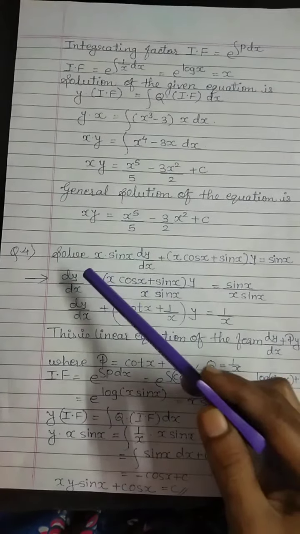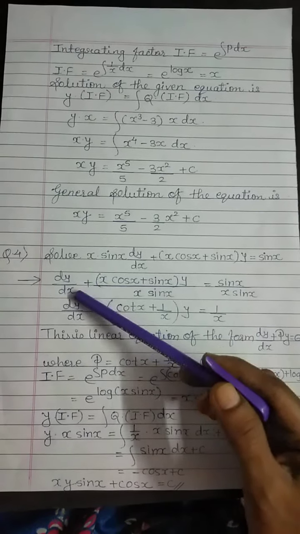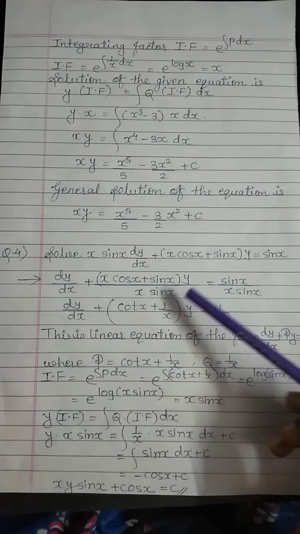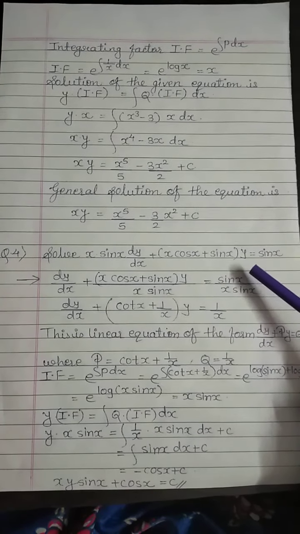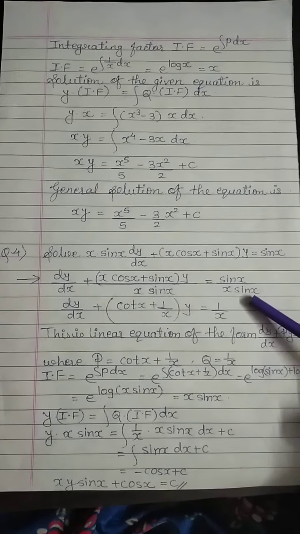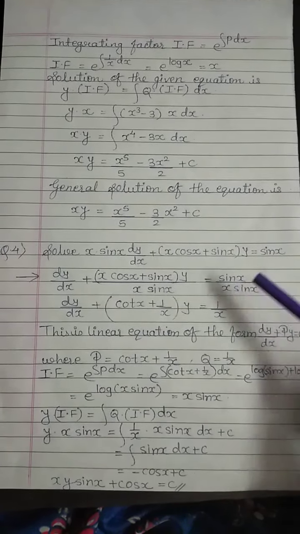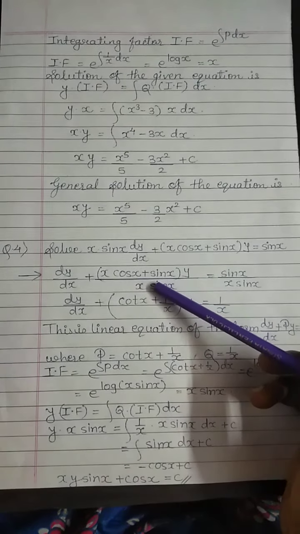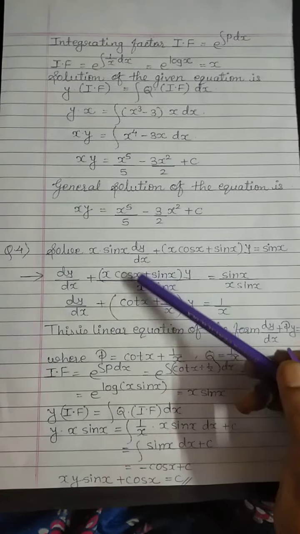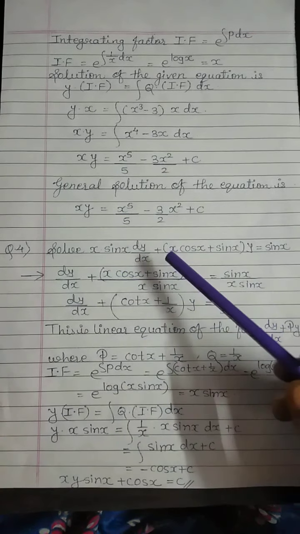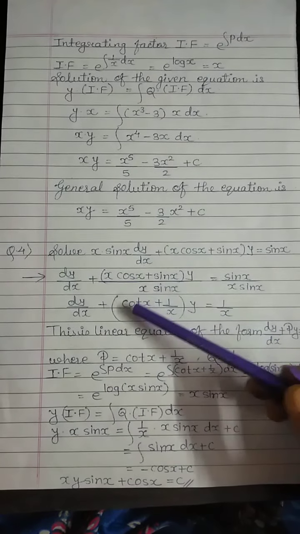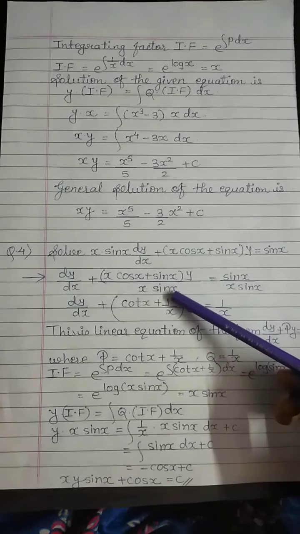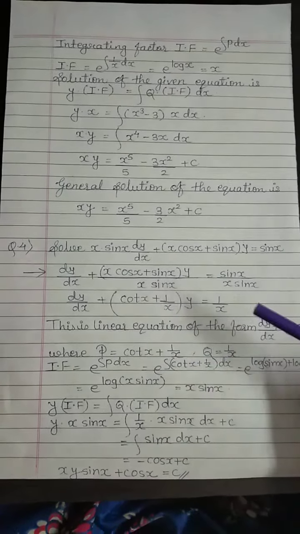So by dividing, we will get dy by dx plus the entire term upon x into sin x, and on the right hand side sin x upon x into sin x. Here sin x will get cancelled and we have only 1 upon x, and on this side for the first term x will get cancelled and we have cos x upon sin x, that is cot x, and sin x will get cancelled and we have 1 upon x.